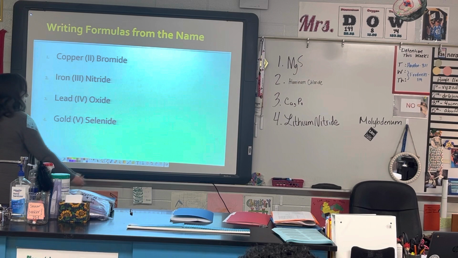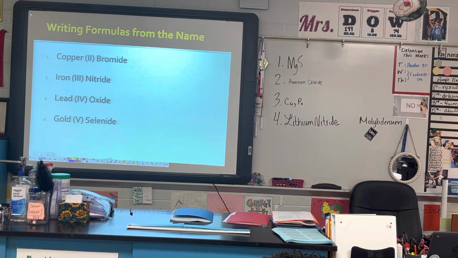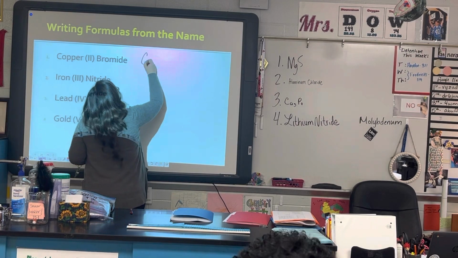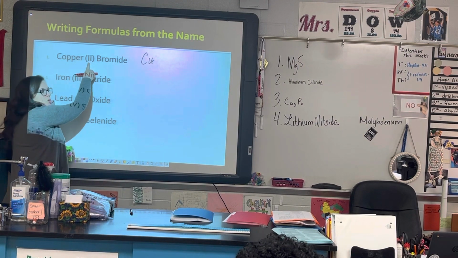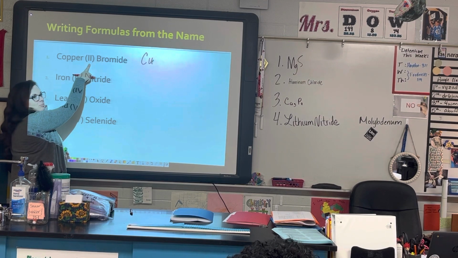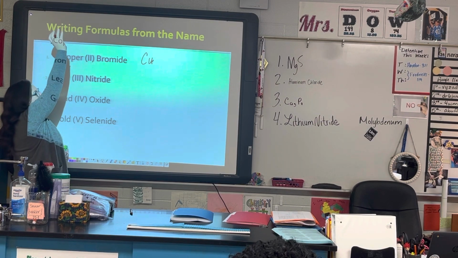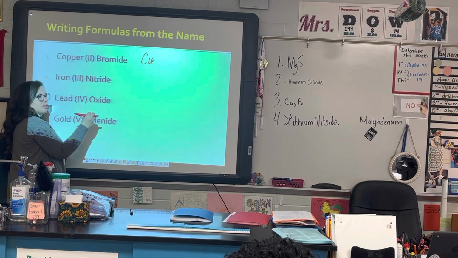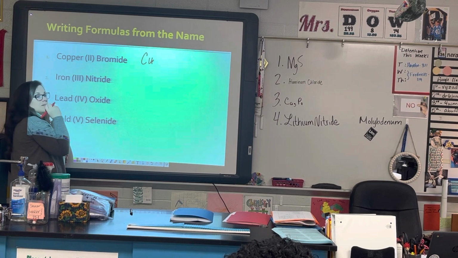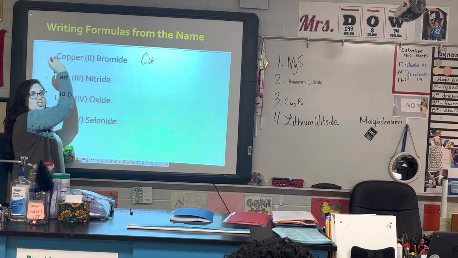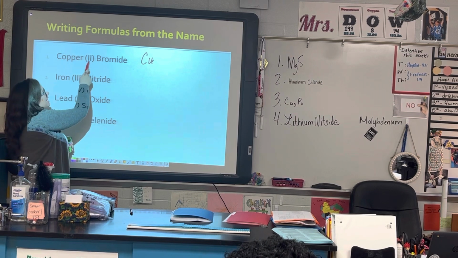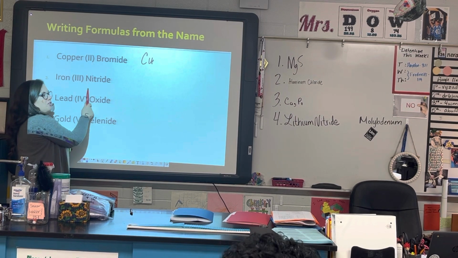Alright, so for the first one, if we're trying to find the formula, are we still going to cross charges? Always for ionic. Alright, so if it's copper(II) bromide. Alright, I have copper. Is this going to be a superscript or a subscript? Superscript, it's the charge, right? This indicates the charge of copper, not the subscript.